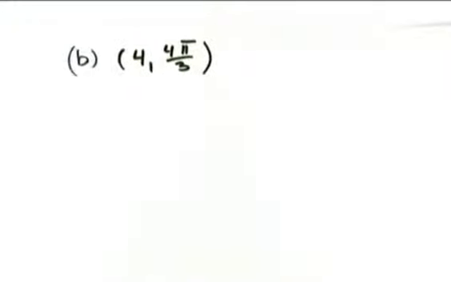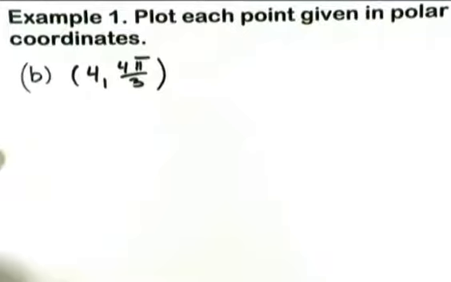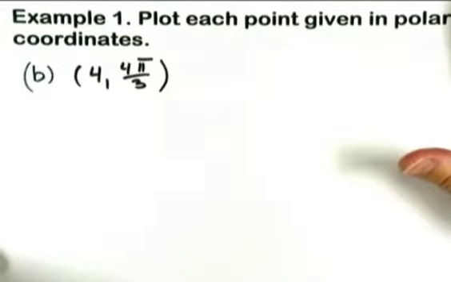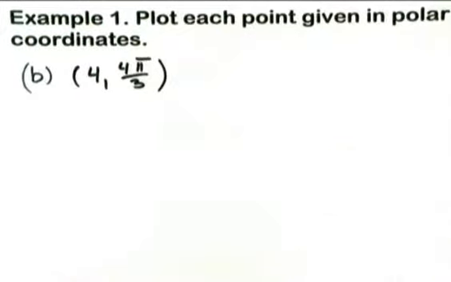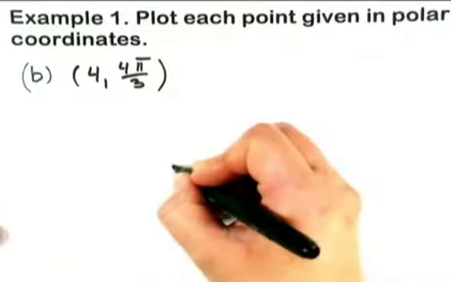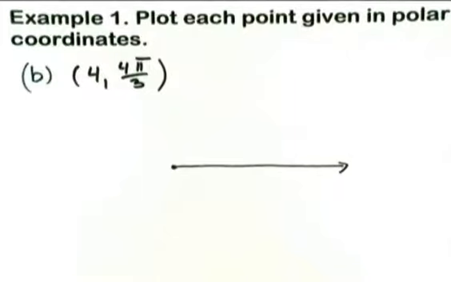Now we have B. The same question: plot the point in polar coordinates, and we have B that the point is 4 and 4 pi over 3 is the angle. So we need to have the pole, we need to have the polar axis, and then we measure the angle 4 pi over 3.